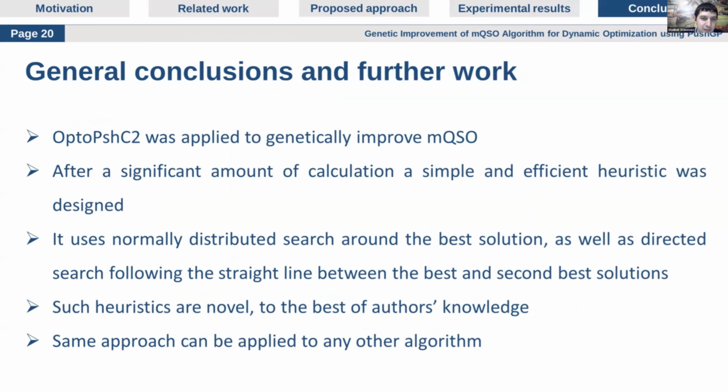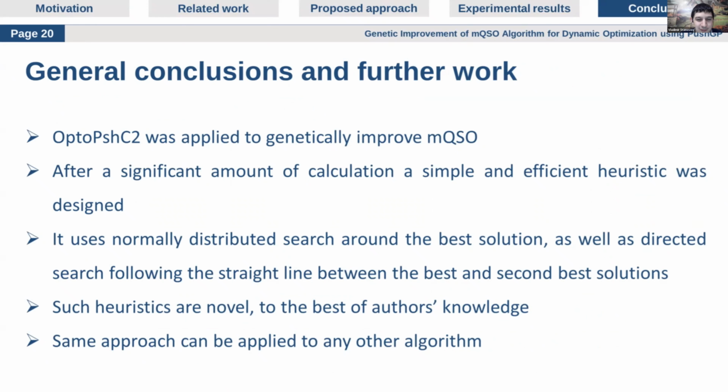As you can see, the generated heuristic actually works a little bit better than the original, and I didn't hear about such kind of local search before. Okay, it's very simple, yes, but if it works, why not? The idea of using two best points and searching along the line connecting, not them, but some point next to the best, well, it is somehow new and unusual, and this is what genetic programming does.